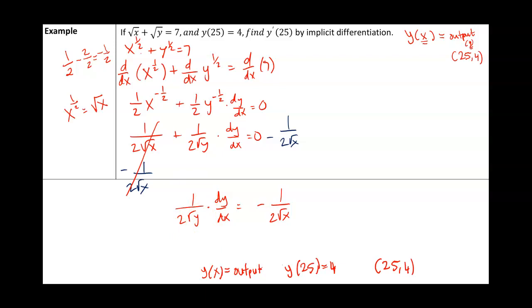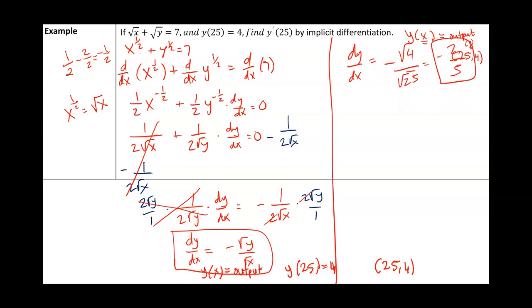Instead of dividing by a fraction, to undo that, we have to multiply by its reciprocal. And the reciprocal of 1 over 2 radical y is 2 radical y over 1. And again, I'm doing this because I can't divide by a fraction, so instead I multiply by the reciprocal. So on the left side, everything goes away. And on the right side, the 2's cancel. So we're left with negative radical y over radical x.